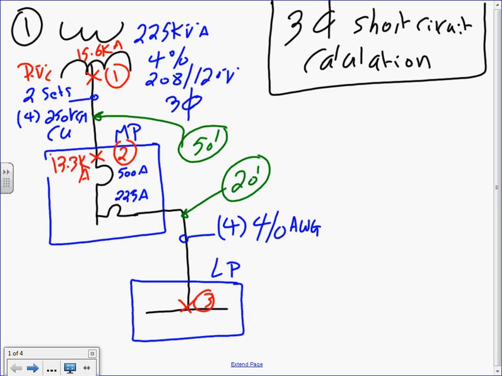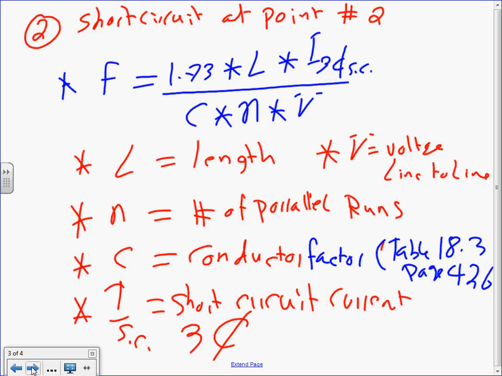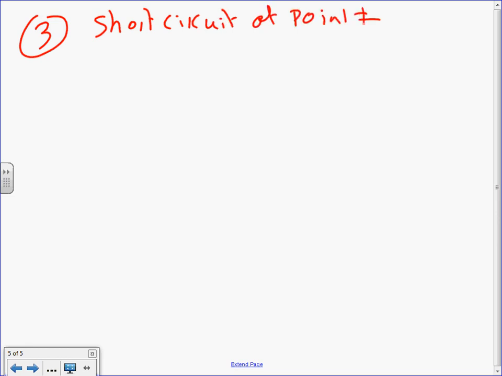Okay, let's go do it at point number 3. Short circuit at point number 3.